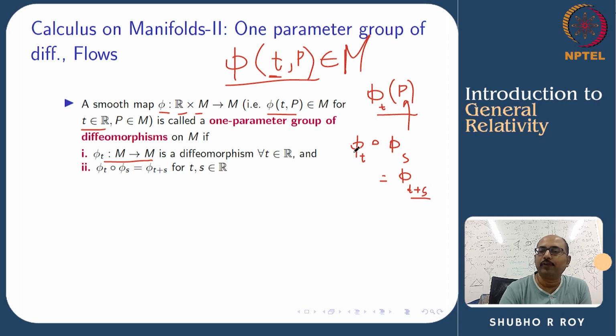So you can write phi of t of phi of s or phi of s of phi of t. What it means is that, remember, the composition map phi t of phi s means inside you put phi s of p.